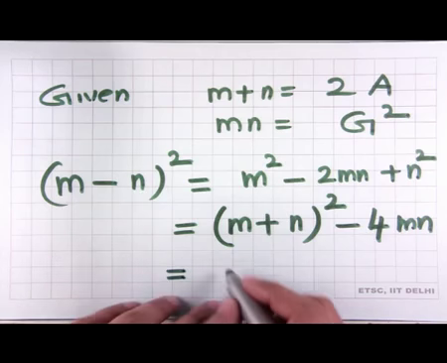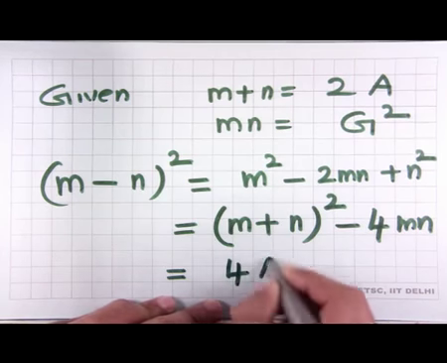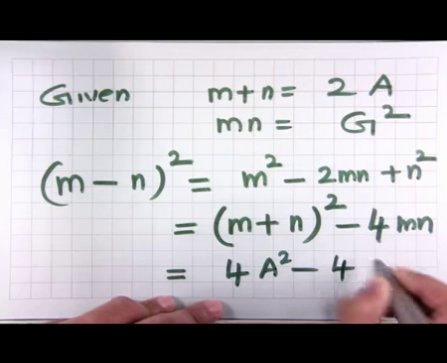Plugging the values available to us, this is 4A square minus 4G square.